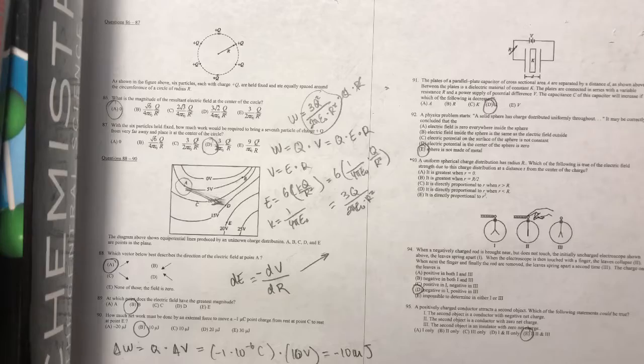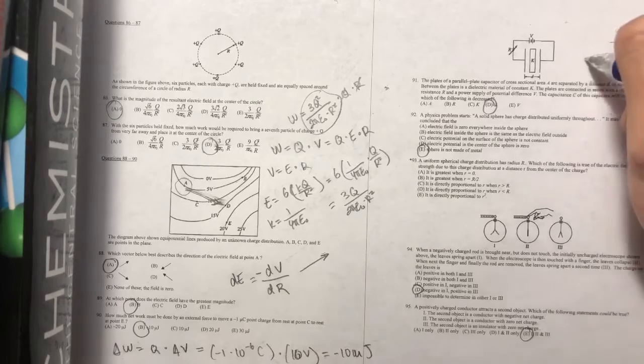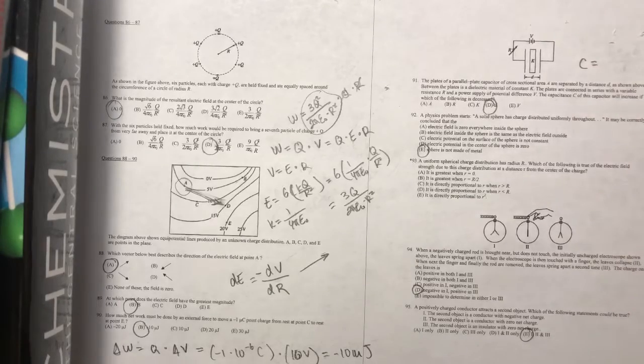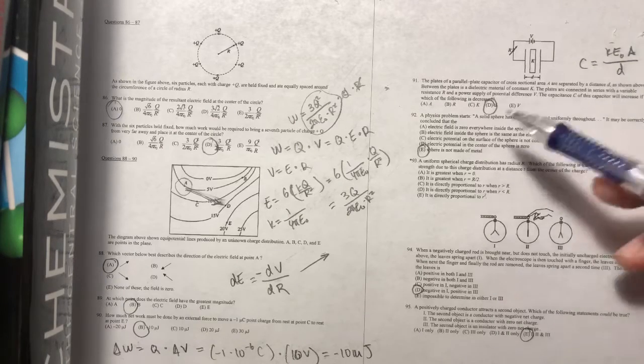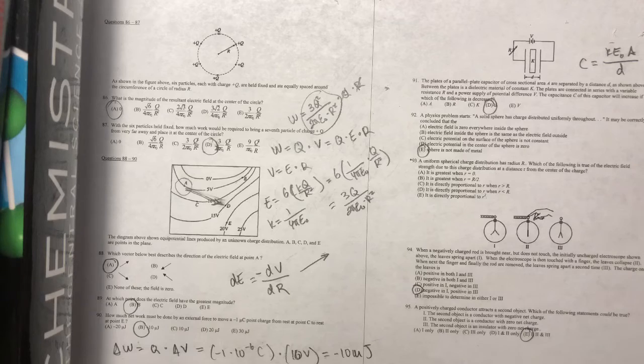So we're just going to use the equation for the capacitance of a capacitor, which is C is equal to K times epsilon times A over D. And since D is inversely related to C, when D is decreased, the capacitance C will increase. So the answer to this question is D.